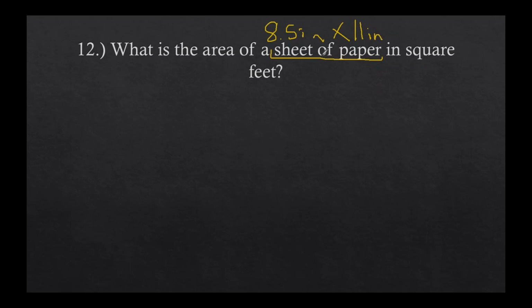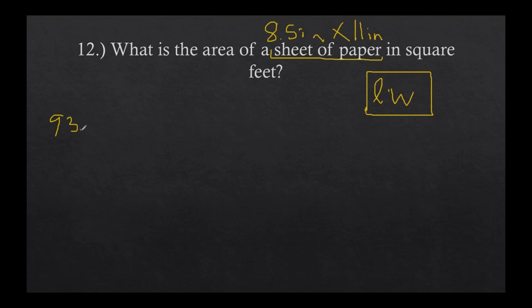So if we're finding the area, it's a rectangle. How do you find the area of a rectangle? We're going to take length times width. So what is 8.5 times 11? 93.5.